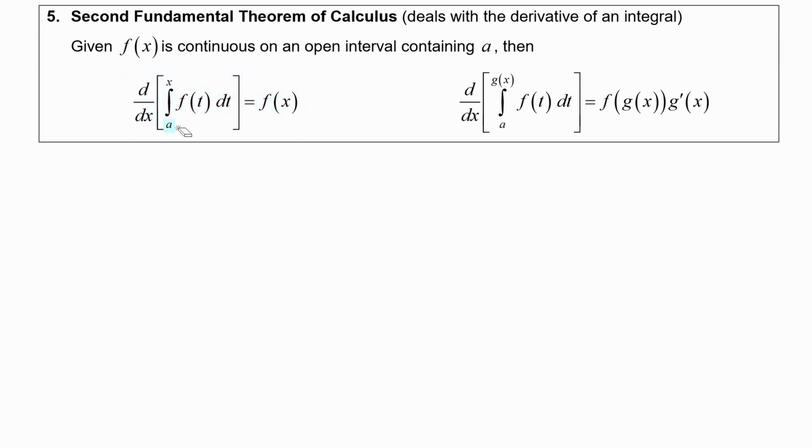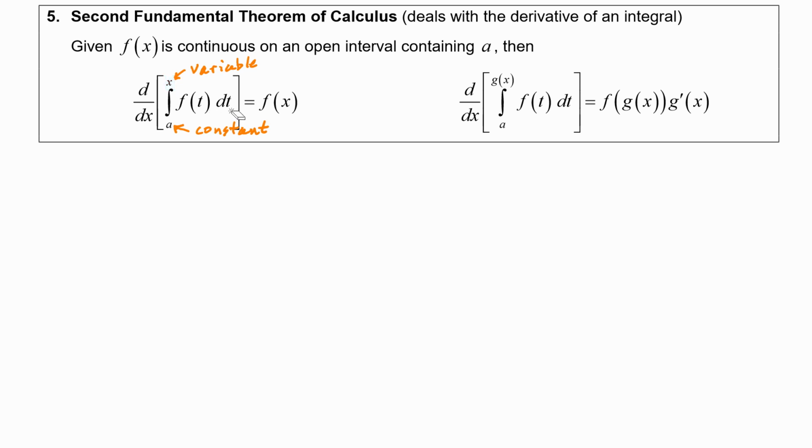The lower limit of the integration is a, which is that x value on the interval somewhere, and a is a constant. The upper limit of our integration is x, and that is our variable, and notice that it will match the variable of the derivative here.